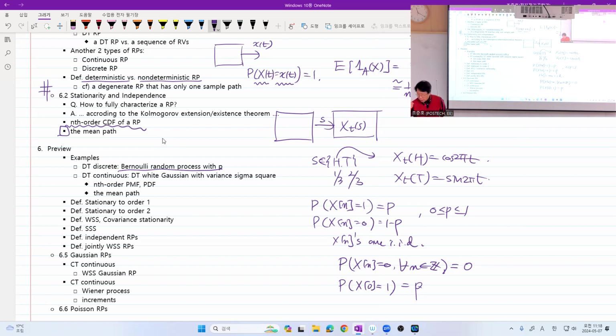So given a random process X(t), what is the expected value of this? First, this must be a function of time. Why? Because for each value of t, you have a scalar. So this is a function of t.